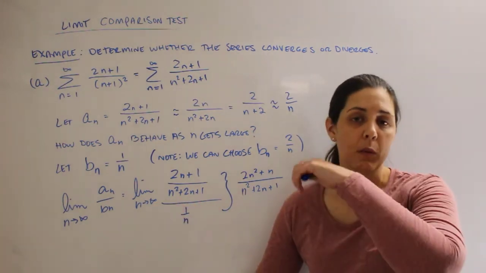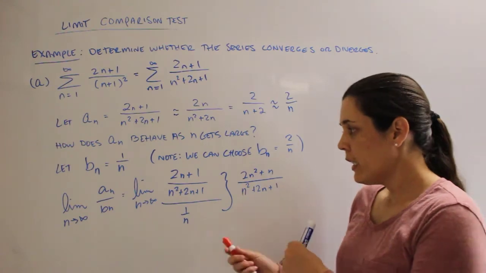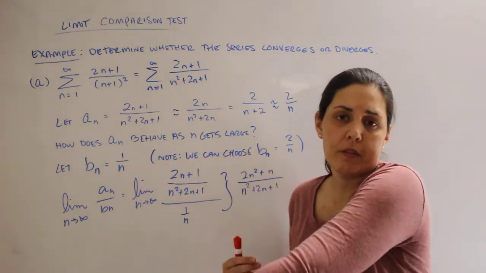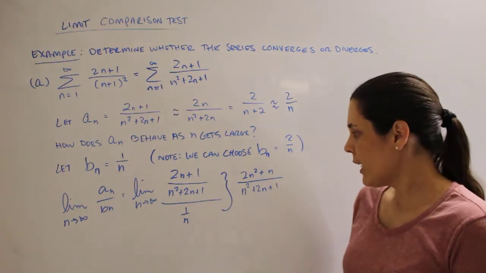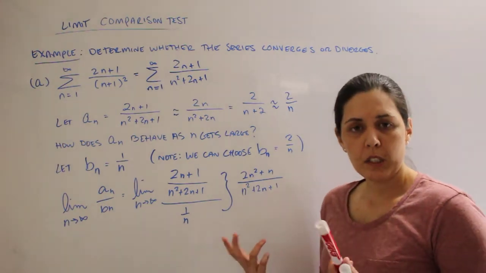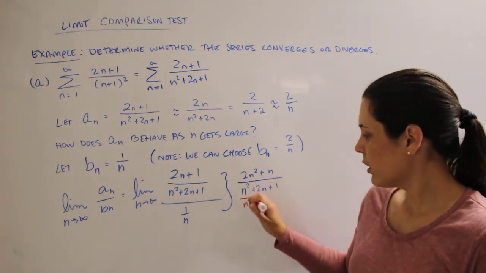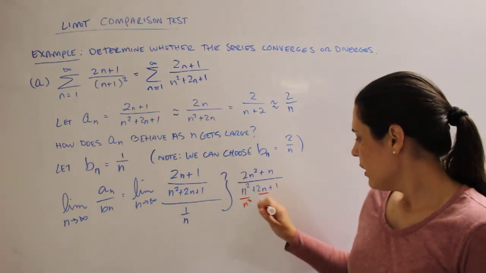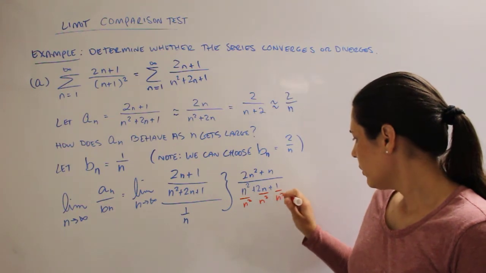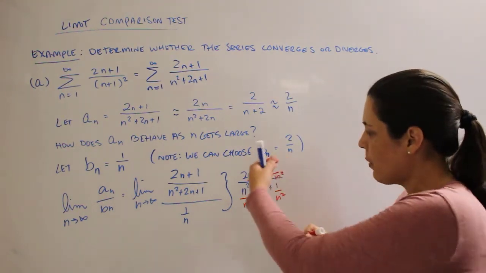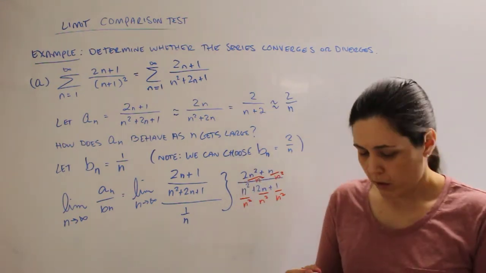So from the past, we know that a technique for taking these infinite limits, or limits approaching infinity, is to divide by the highest power of n from the denominator. So I'm going to take all these terms and I'm going to divide by n squared because that's the biggest power of n on bottom. So n squared on every single term here. Technically I'm multiplying the top and bottom by 1 over n squared to be able to do this.